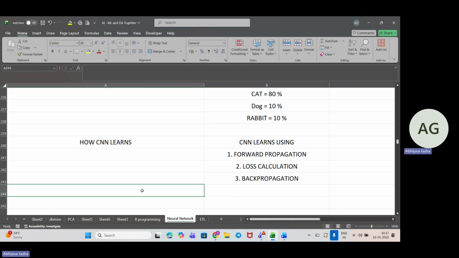CNN is basically our eyes, then the brain and the decision. We detect the parts of the image and then decide what to do, right? So for the decision part, we use the basic neural network.